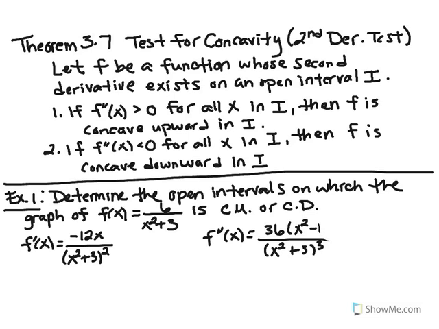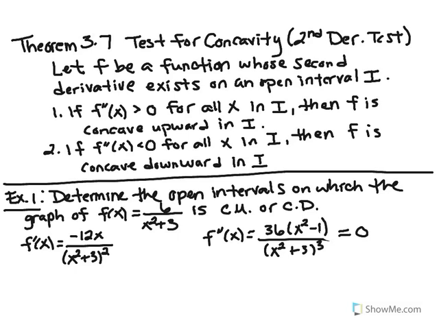So the goal here, just like in the first derivative test, was to see what happens when we set these equal to 0. So let's set this equal to 0, and if our values are less than 0, it's concave downward. If it's greater than 0, it's concave upward.